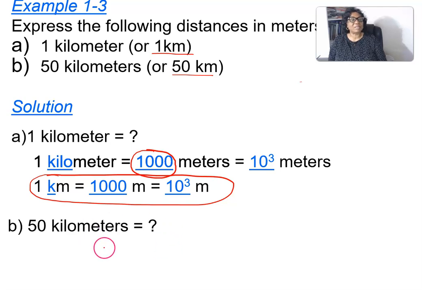Then 50 kilometers is just 50 times 1,000 times meter.